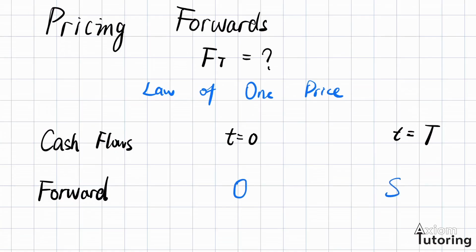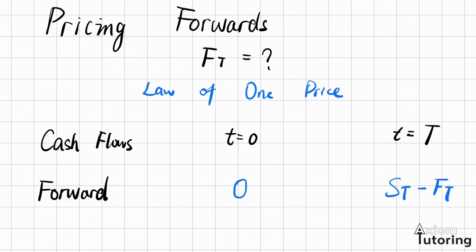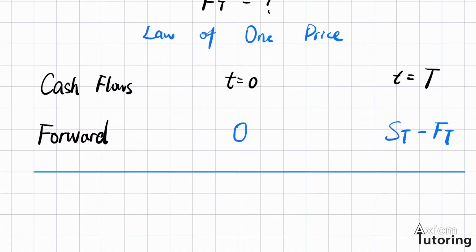That's going to be the spot price minus the forward price, as we have seen from our numerical example for the rice market. Now our job is to try to replicate this payoff, or this exact cash flow structure, with things that we have already known, by using a replicating portfolio.